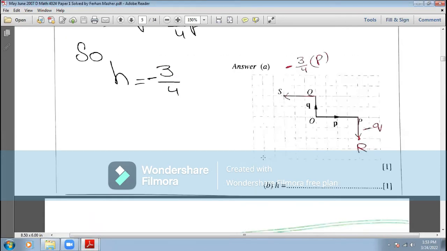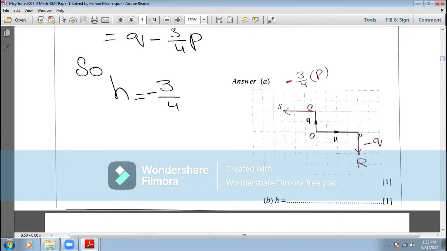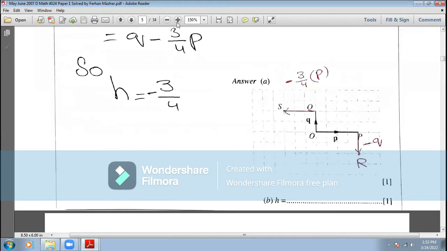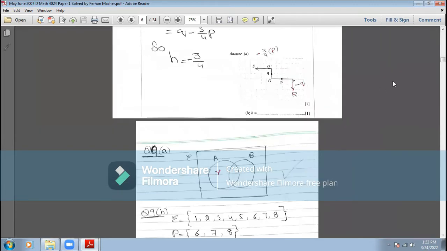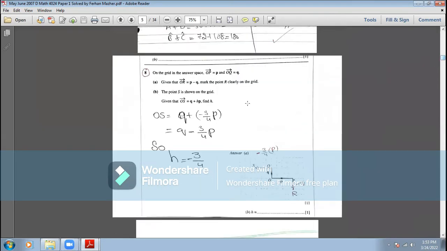Let me show you. It's P, and then you move 3 steps to the left, so it will be minus 3 by 4 of the P. So OS is equal to Q minus 3 by 4P.